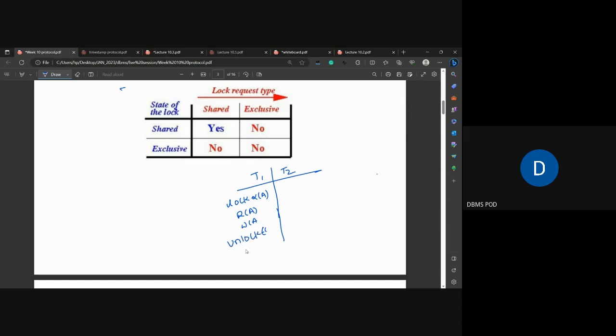After the unlock of data item A, T2 can apply an exclusive lock or shared lock. So locking and unlocking is dealt with a single data item in a transaction, like a unit itself. Okay, sir. It's clear, right?